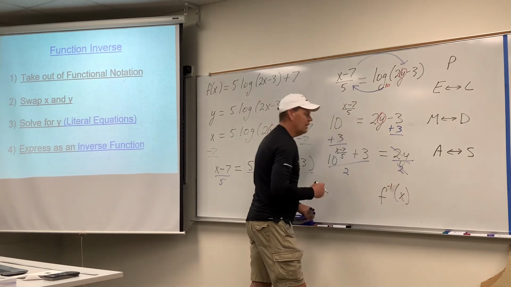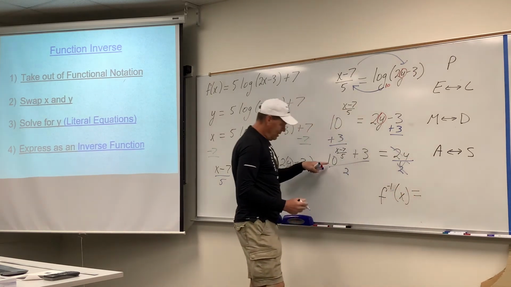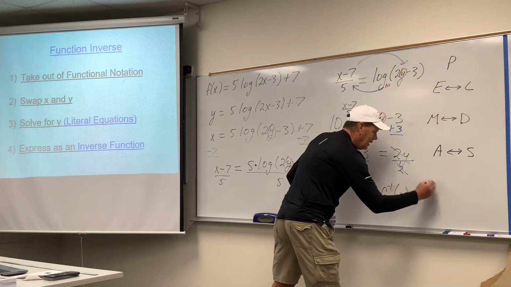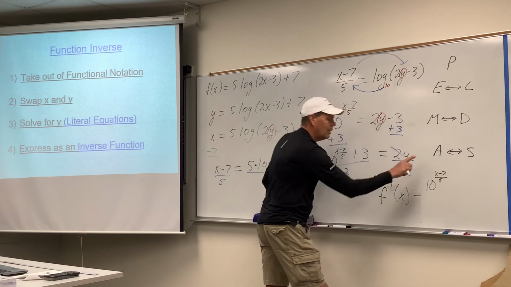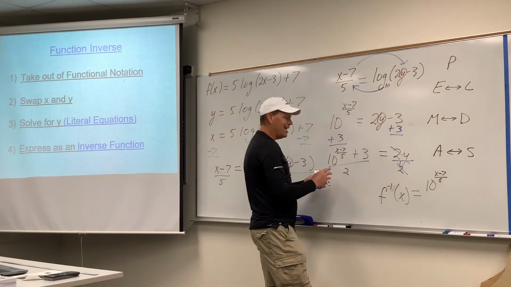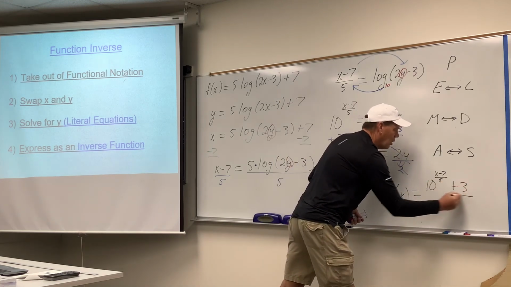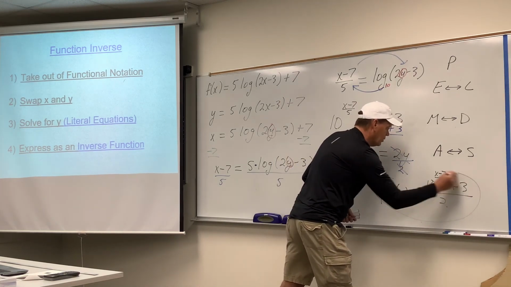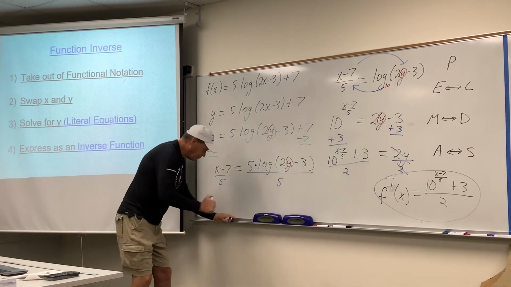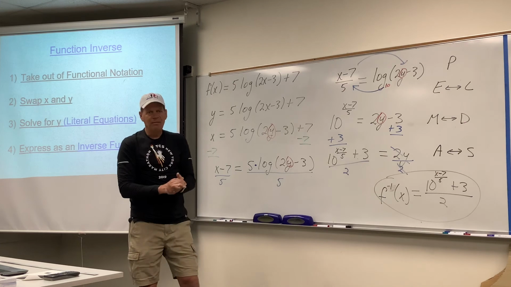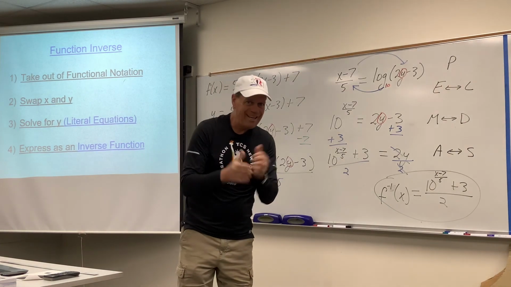F inverse of x, put that little -1 power up there, equals, and then we write it down. And again, I would caution you, make sure you put that x minus 7 over 5 up in the air, and make sure it's a base. If it's on the ground next to the 10, that's a different operation. Plus 3 all over 2, and this function would do the reverse process of whatever the original one did. That's an inverse. All right, I think we'll practice a couple more, shall we?